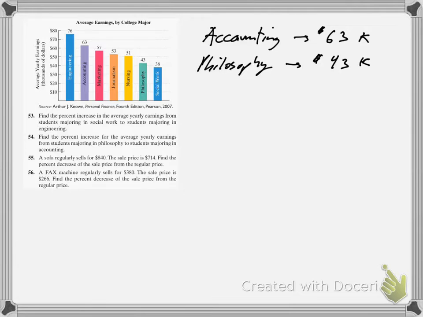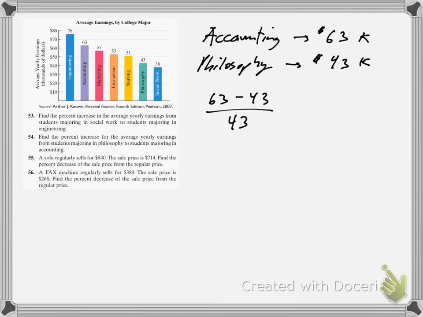Well, to find the percent increase, I got to find the difference between these two and divide it by the smaller, the original, because we're increasing from philosophy to accounting. So I would want to take the difference and divide it by the base, which is the lower of the two in this case, because I'm increasing from the lowest to the highest.